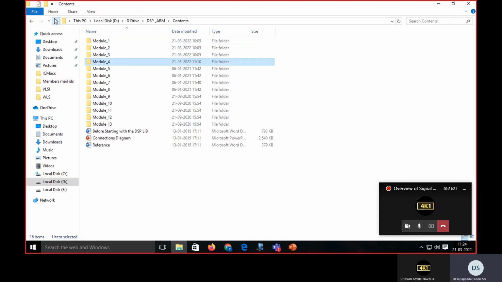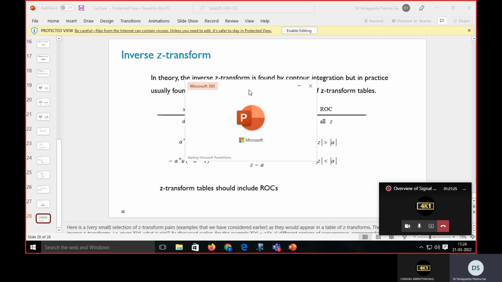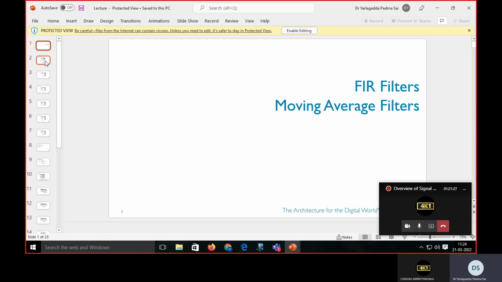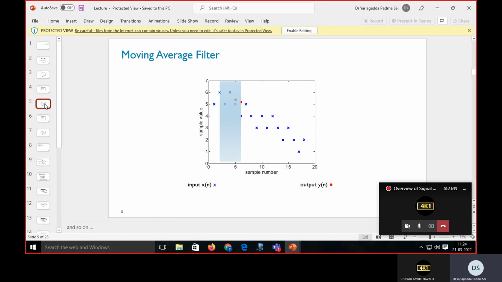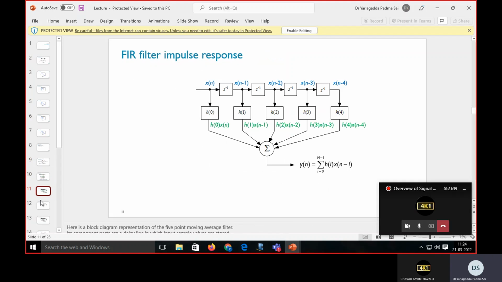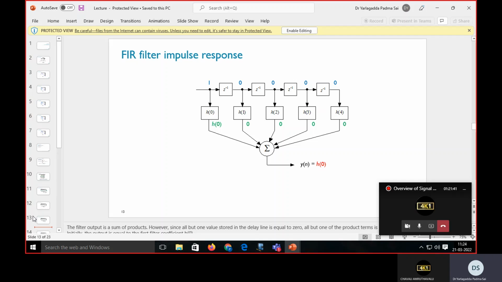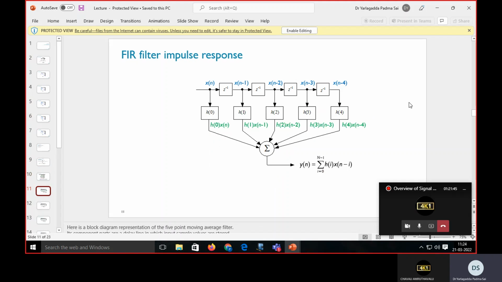Okay, quickly here we have a few modules. I will explain all those things quickly. This is coming to actual moving average. He mentioned moving average. FIR comes under moving average. Do you know the FIR filter can be represented like this?